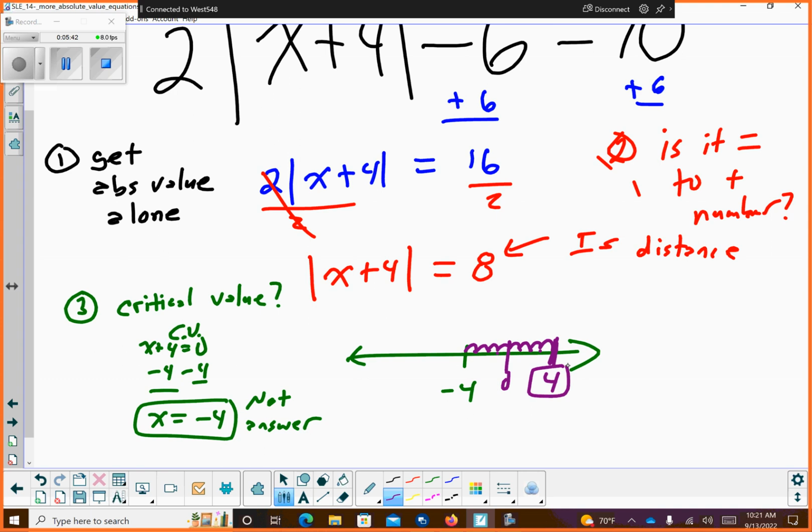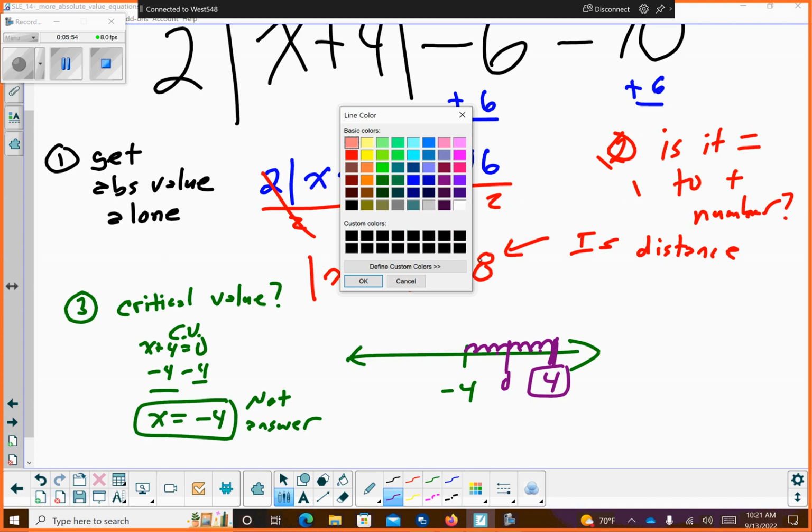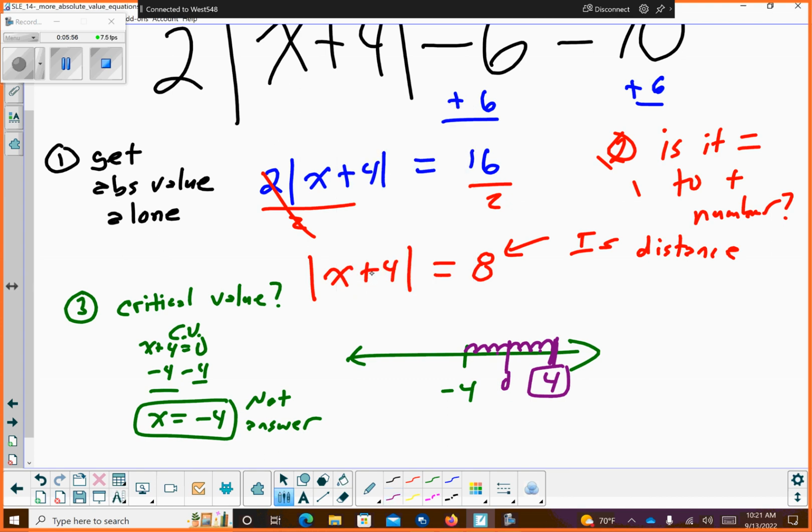So what do I have to do to get my other answer over here? What do you think? Count how many ways? How much? So I'm going to go 1, 2, 3, 4, 5, 6, 7, 8. So right here is where this answer is.